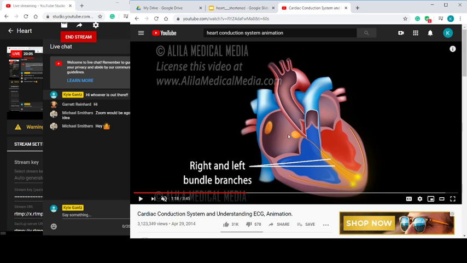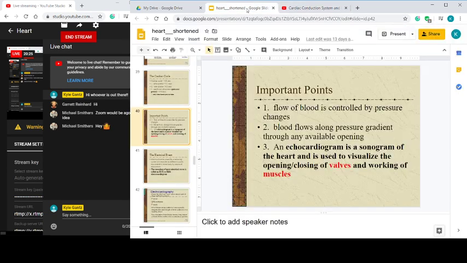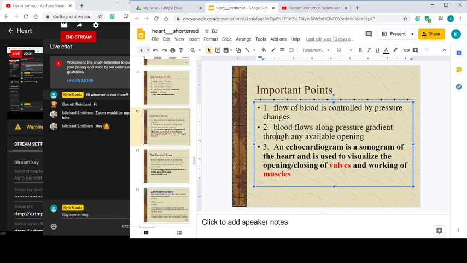So the way this has been intelligently made, we get a depolarization wave that starts low and works its way up, causing the contraction from the bottom up, which is going to take the blood and force it superior towards the semilunar valves. All right, it is amazing stuff. Blood flows along the pressure gradient through any available opening, so it contracts in a way that pushes the blood towards the available openings. Isn't that cool? I think that's cool.